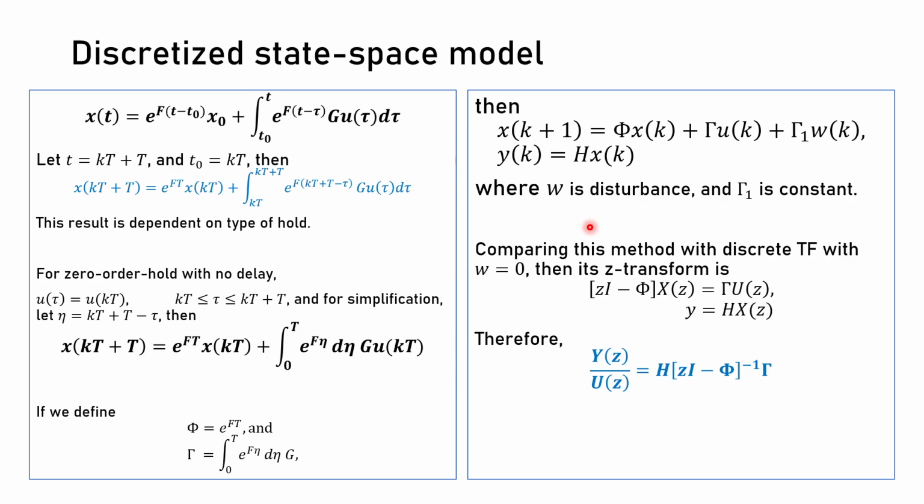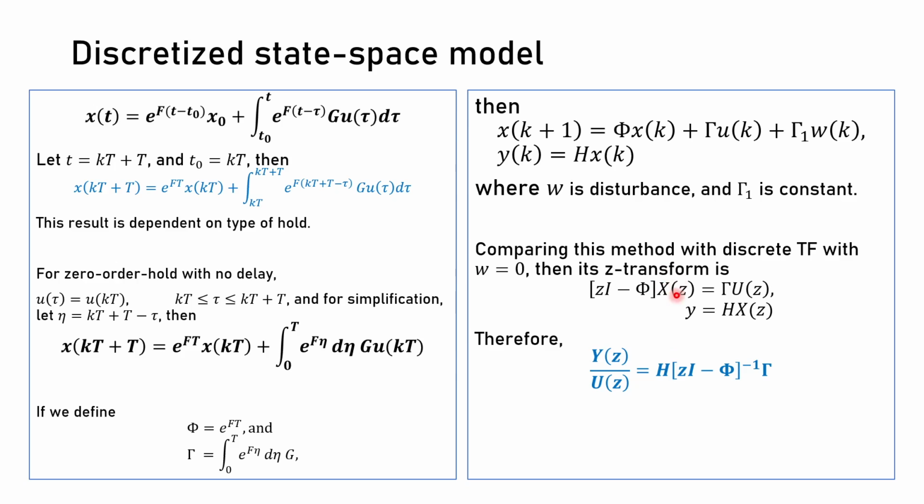Now let's take the z transform of this state equation. Because here you have h_{k+1}, you get z to the power 1 times H of z. If you move this one to the left hand side, you get minus phi times H of z.